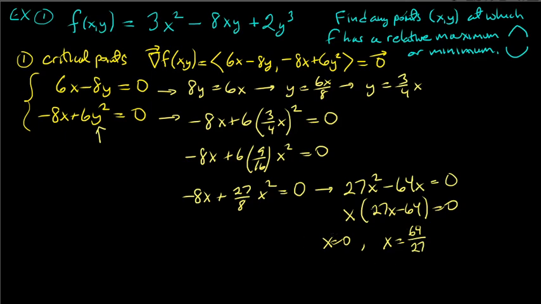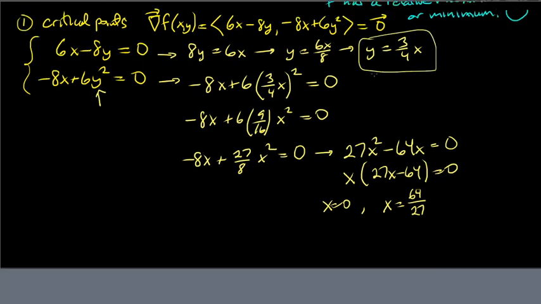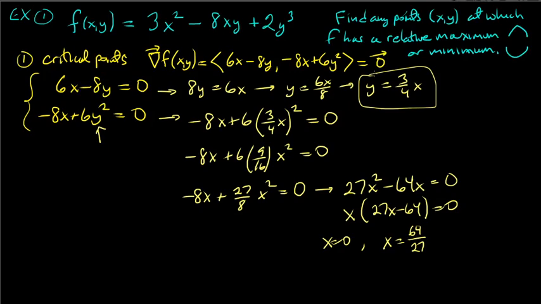Okay. So what does that mean for y? Well, remember y is just 3/4 times x. So 3/4 of 0 is still 0. And then, let's see, if I multiply 64 over 27 by 3/4, I think I get something over 9, 16/9, I think.